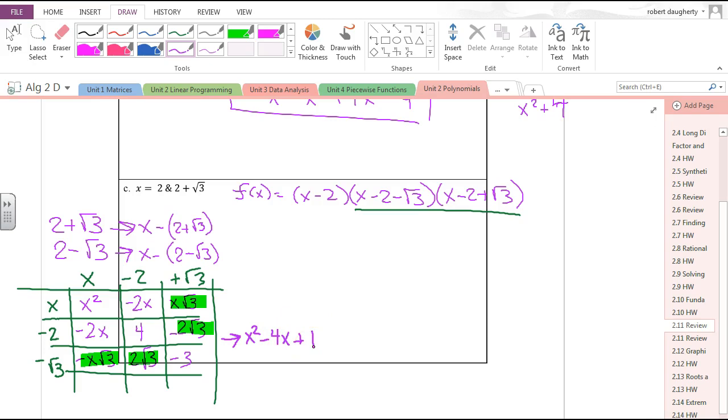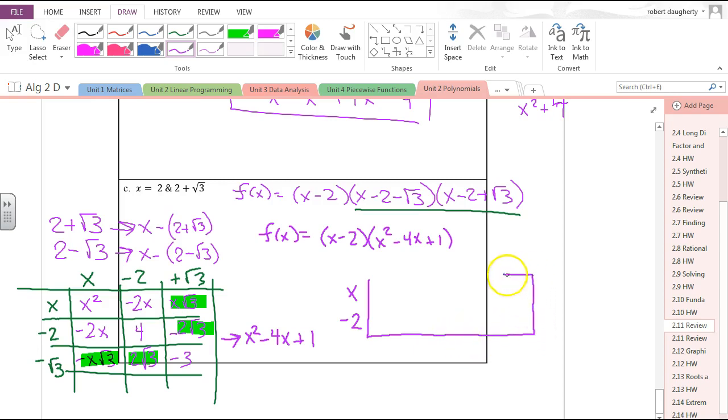So I've got to figure out what f of x is now: x minus 2 times x squared minus 4x plus 1. So I can do this grid all over again. x minus 2 times x squared minus 4x plus 1.